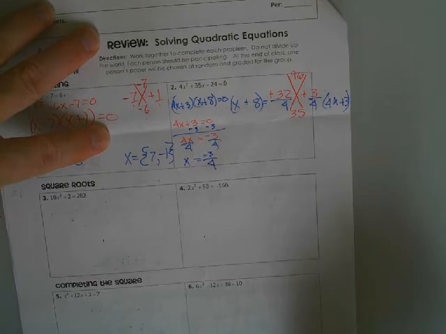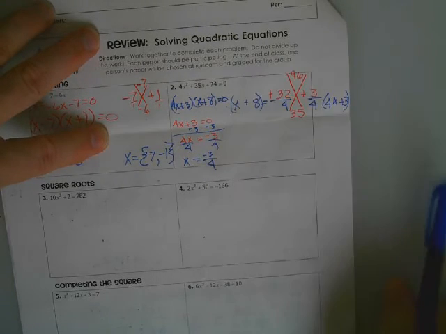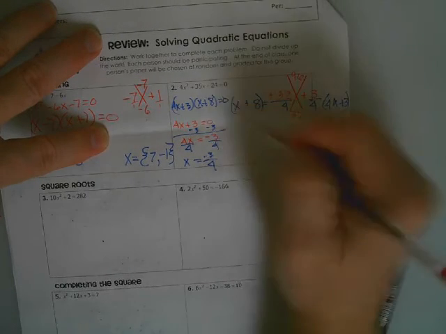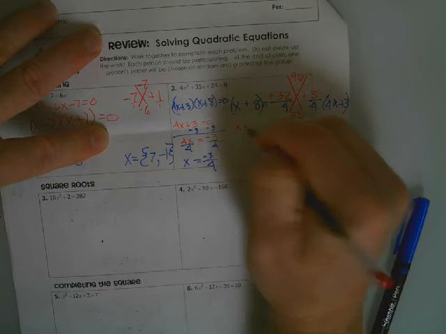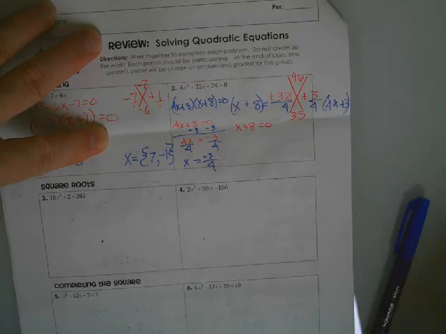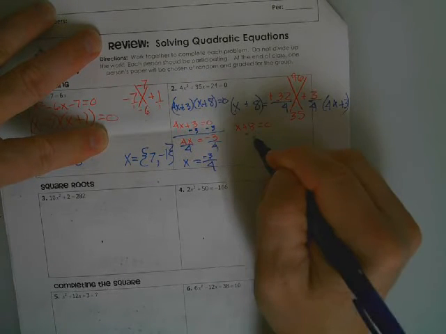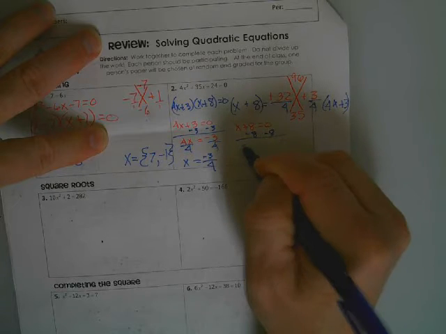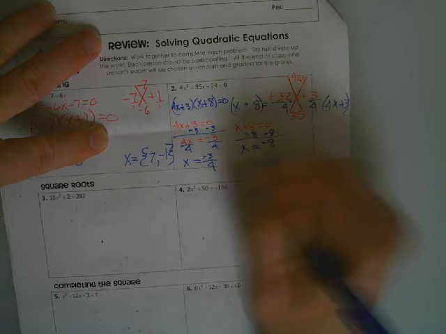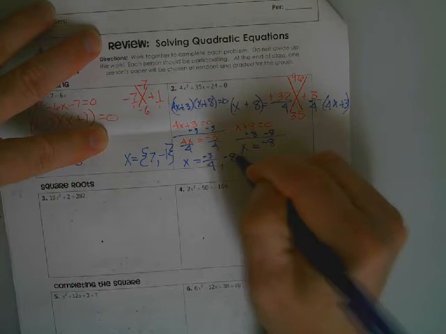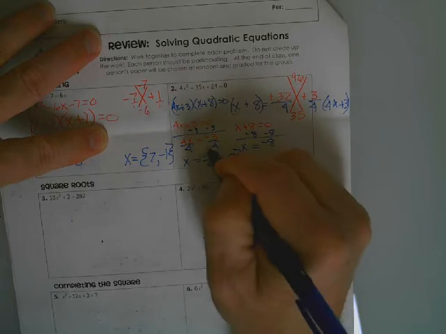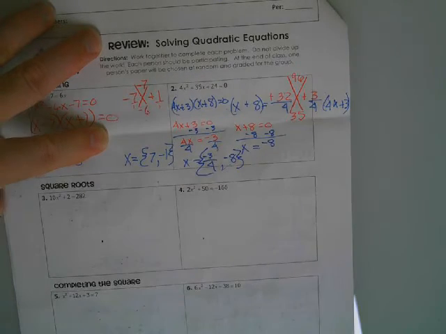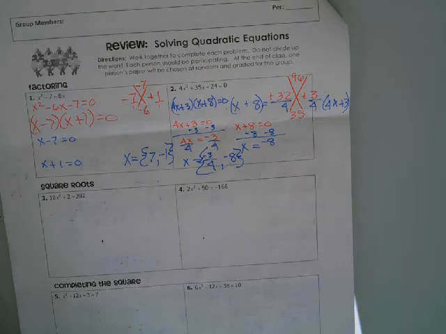Okay, so x equals negative 3/4, or if we have x plus 8 equals 0, subtract 8 from both sides. So negative 3/4 and negative 8.